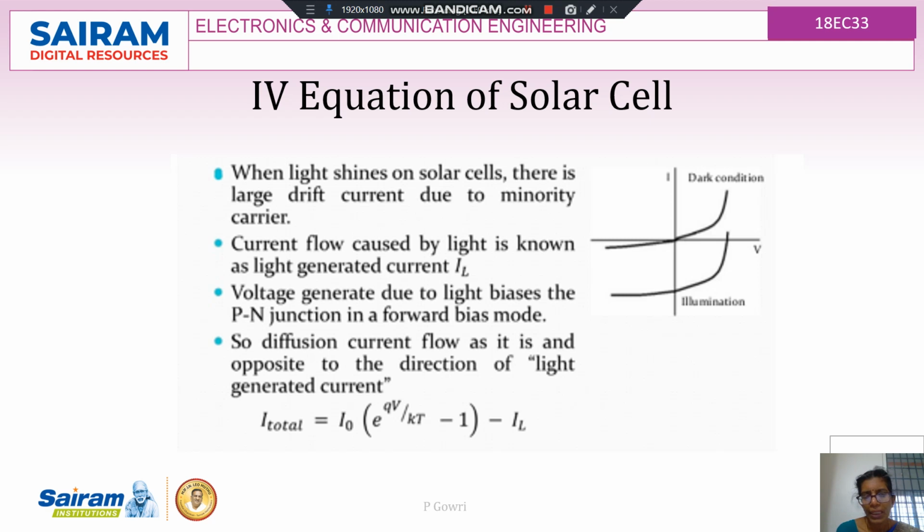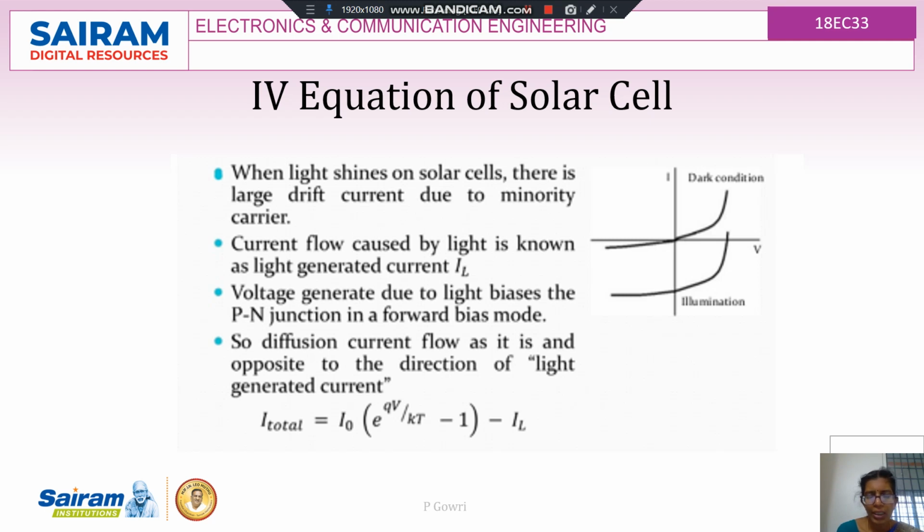But when I make light or solar energy fall on the device, another type of current is generated, called the light generated current IL or IOP, which is nothing but optically generated current. This current flows through the device, and the voltage generated due to the light will bias the PN junction diode in the forward bias mode.